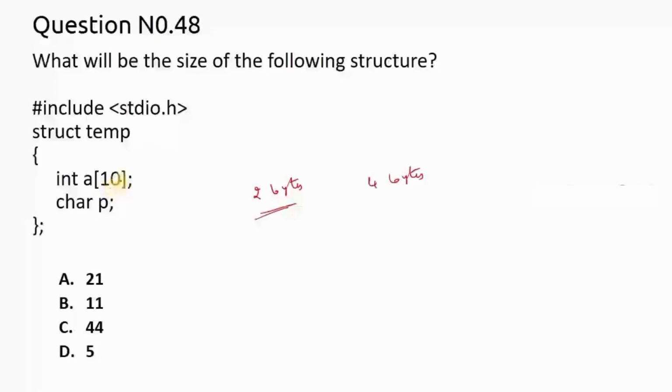For each value 2 bytes, totally 10 into 2 is 20, and for char only 1 byte, that is total 20 plus 1, 21. So the answer is A. Some compilers will take 4, so you may check this one also: 4 into 10 is 40, and for char it is 1, so totally 41. There is no such option, that's why you need to consider answer A.